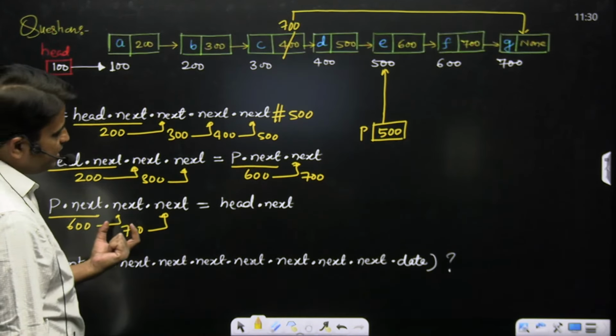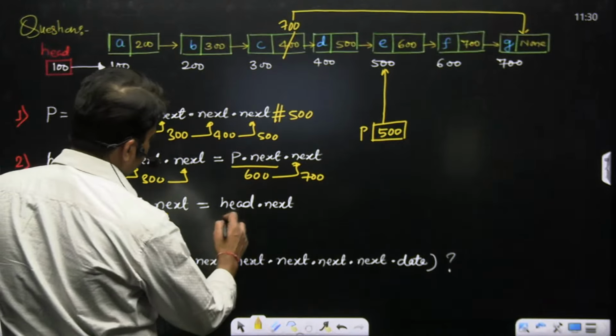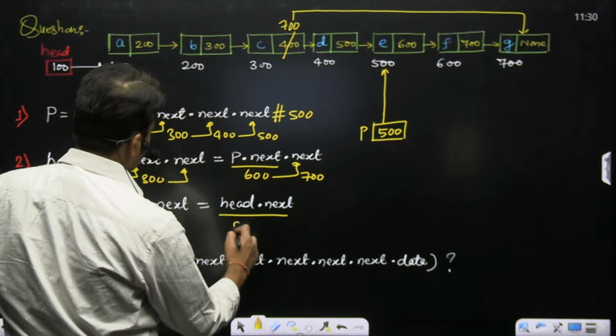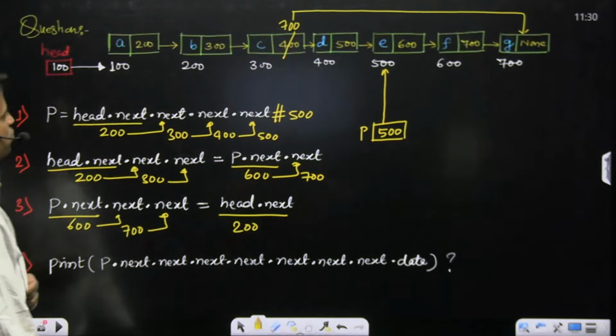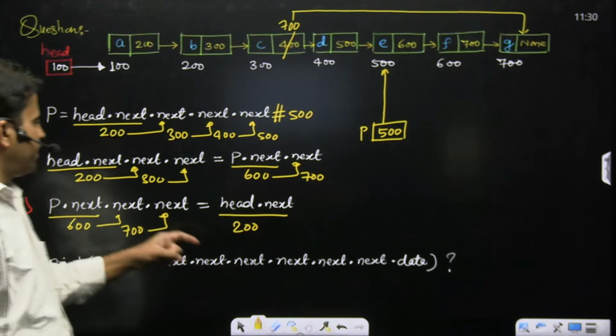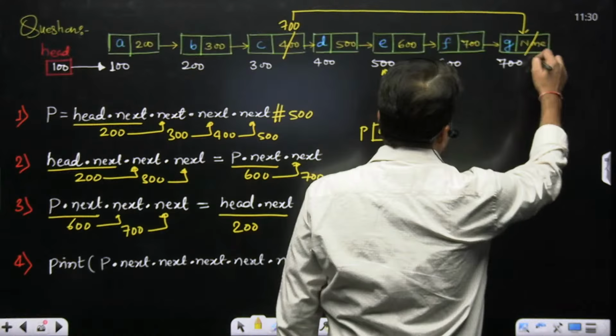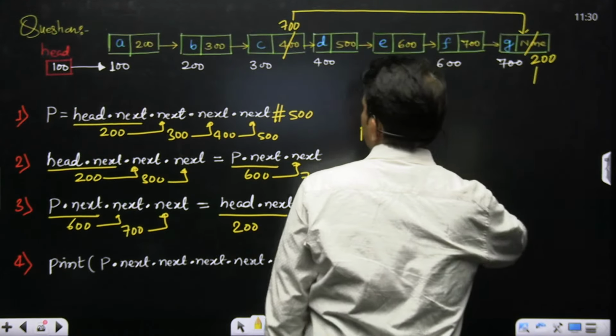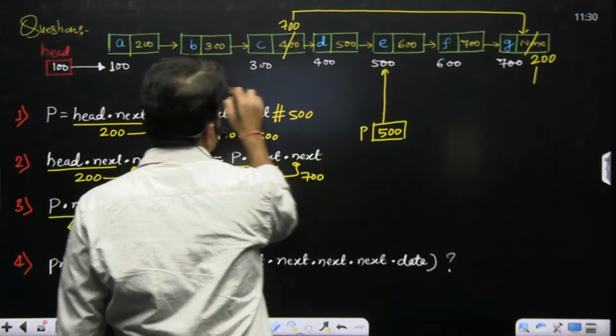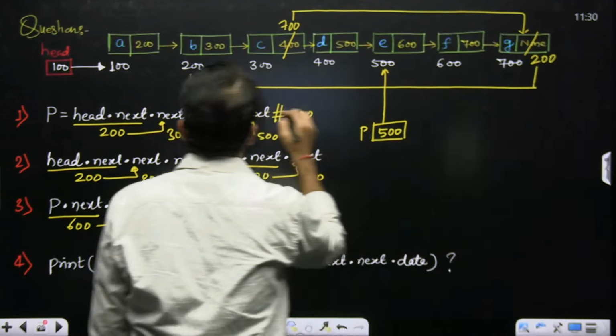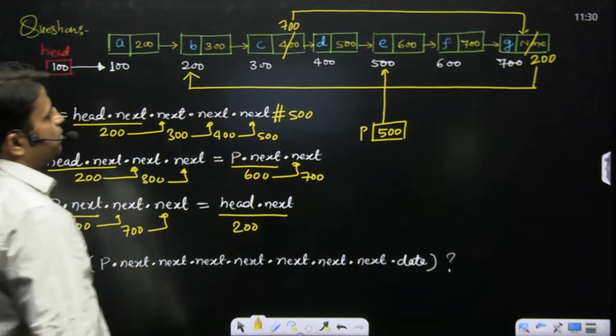And I want to update the next part of 700 via head dot next. Head dot next is 200. So the next part of 700 becomes 200. So this is pointing to this node.